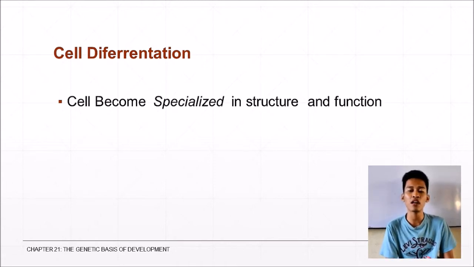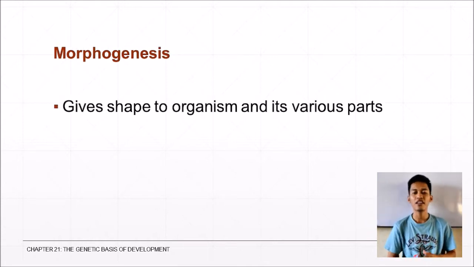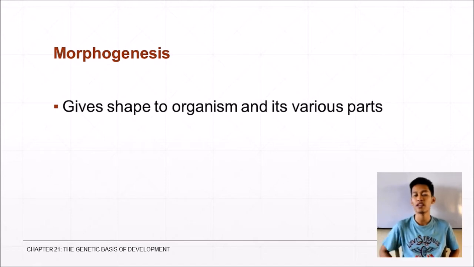An example of a differentiated cell in plants is the mesophyll. The mesophyll is responsible for the photosynthesis of plants. Cells that have been differentiated are not randomly distributed. Moreover, differentiated cells are grouped into organs and organ systems. The physical properties that give an organism its shape are caused by morphogenesis.